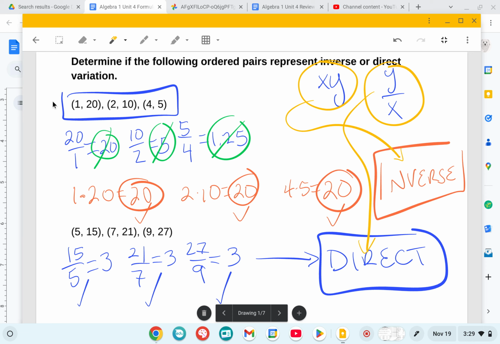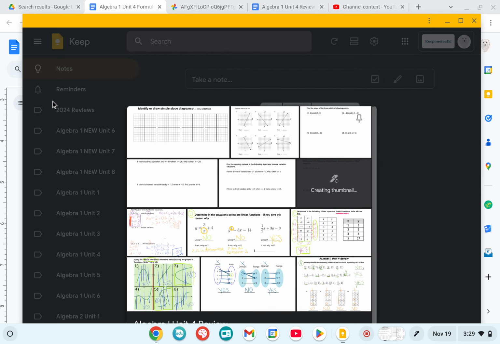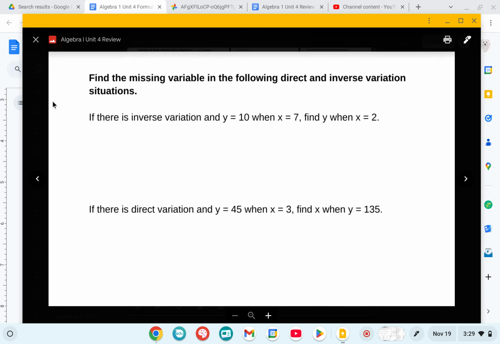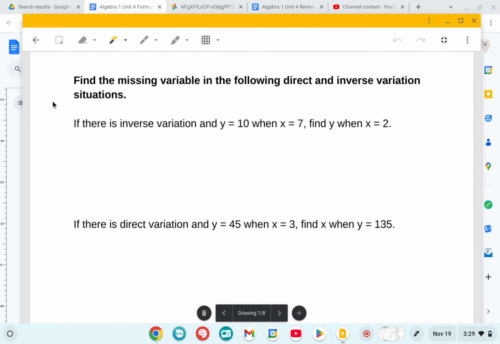The next section is going to utilize the other formula for direct or inverse variation, which is the one where you actually solve problems. So I'll do two examples here. For the inverse variation, we're going to use the formula where we have xy equals xy. Get that up on the screen.